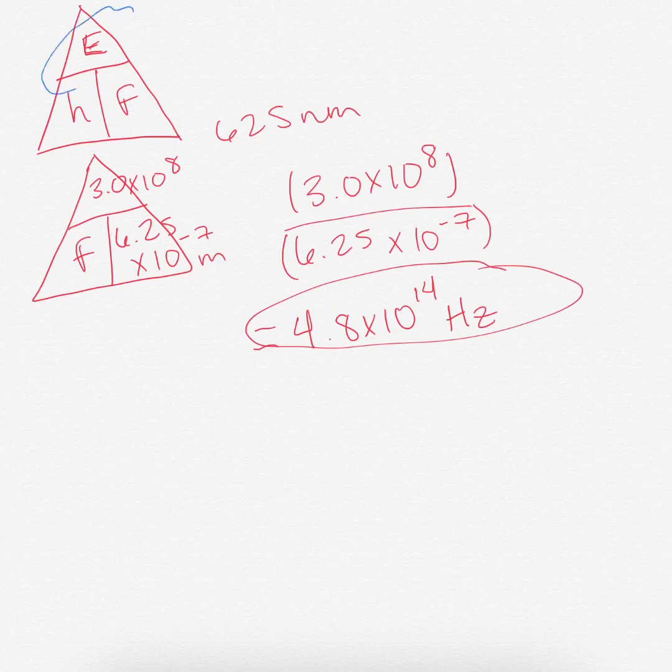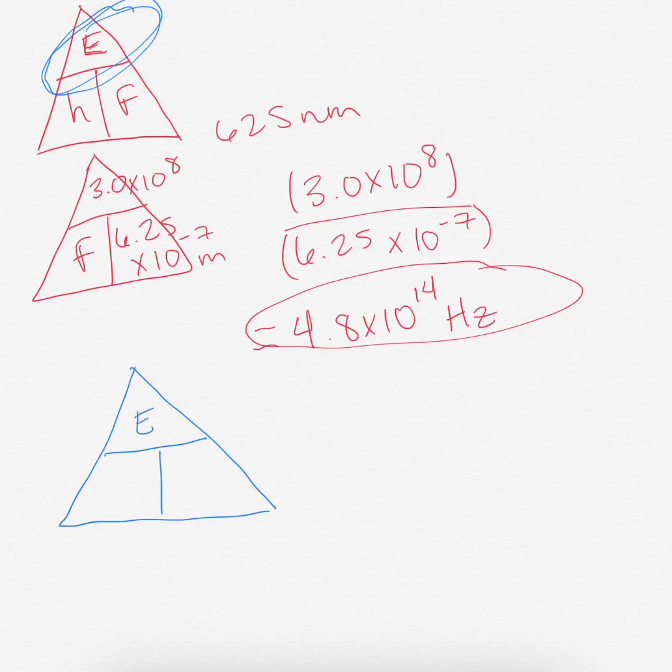Okay, so now it's asking for energy in my question. So I need to go back and find energy. If I use that triangle, it could look like this. Energy, Planck's constant, which is 6.626 times 10 to the negative 34. My frequency that I just found, 4.8 times 10 to the 14th.